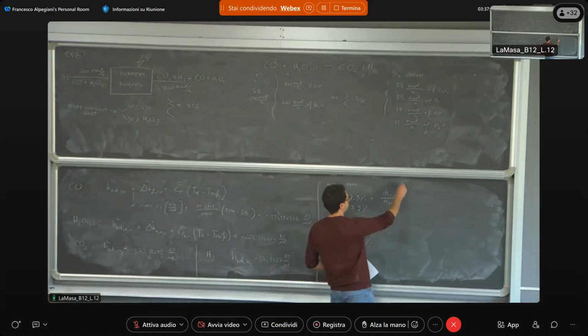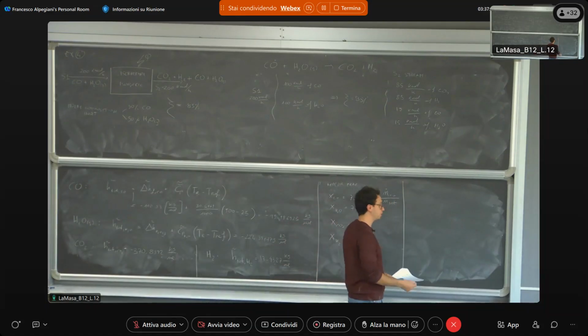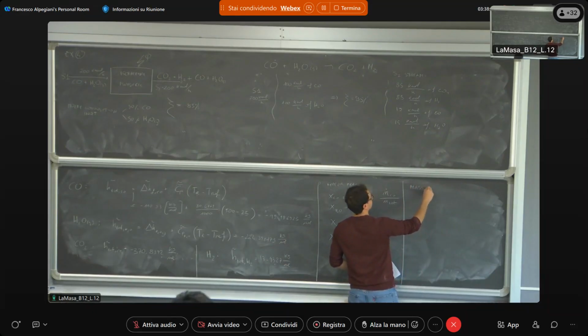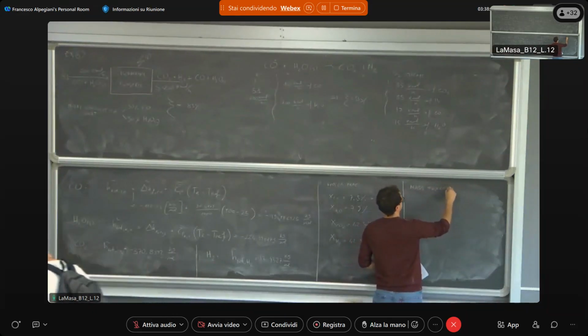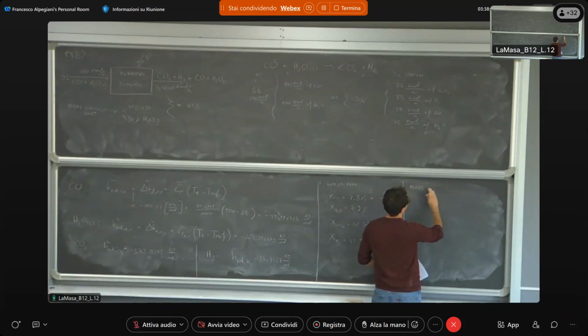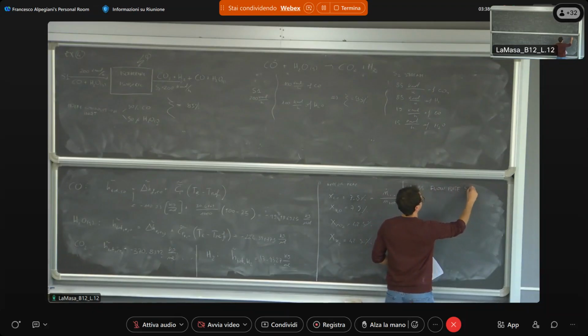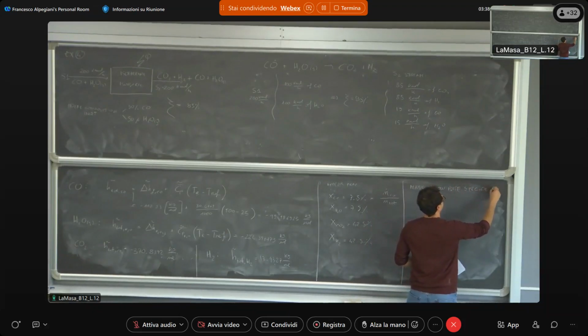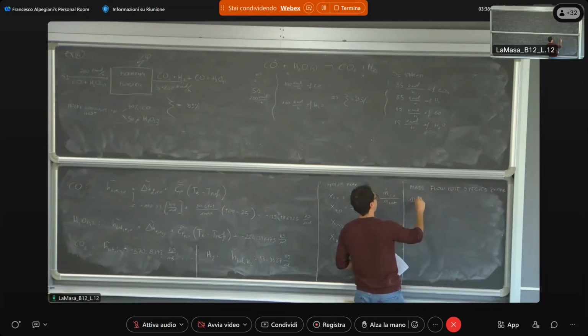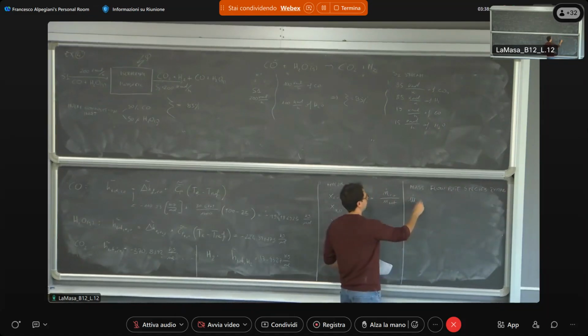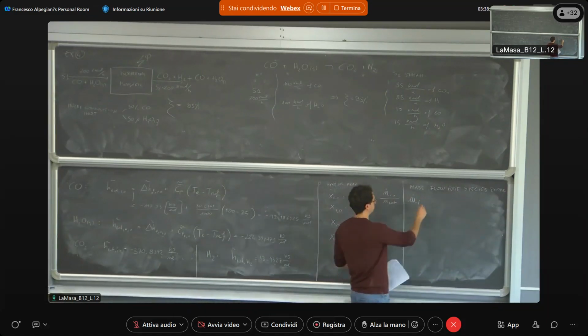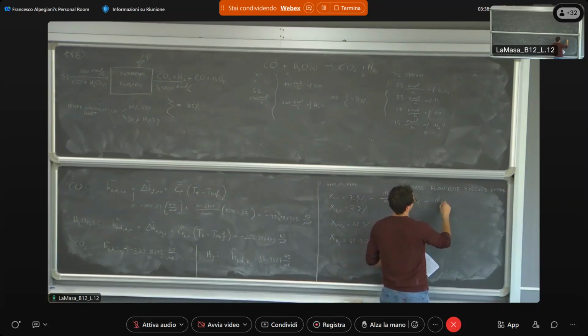Okay, then we have to do the same for the mass fraction of the species. The mass flow rate of the species exiting is just m of the species i equal to n i times MM i.